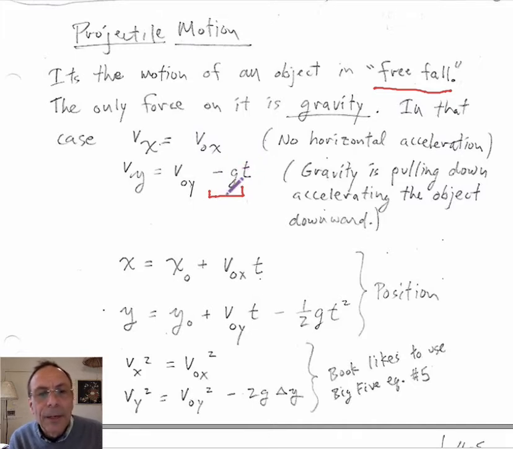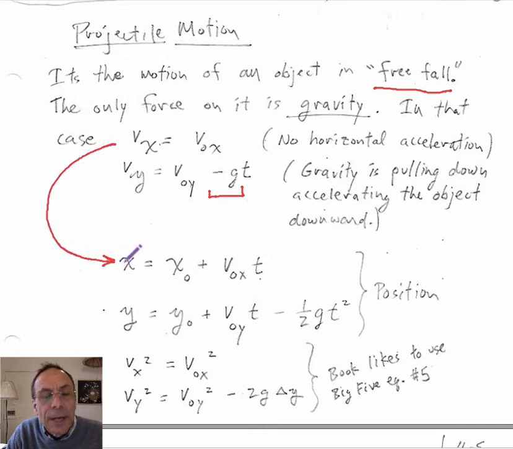But anyhow, okay, so we have the y component of the velocity is equal to the beginning y component of the velocity minus gravity times time. All right, now from this we get this.